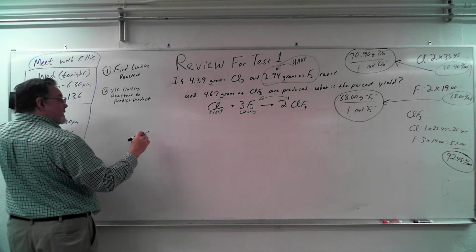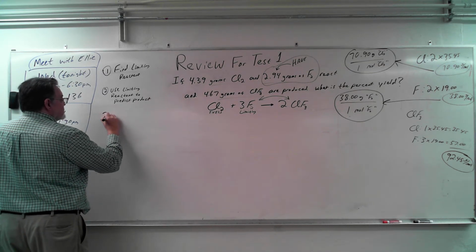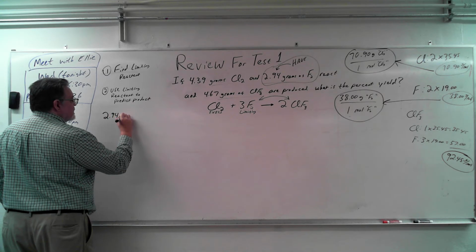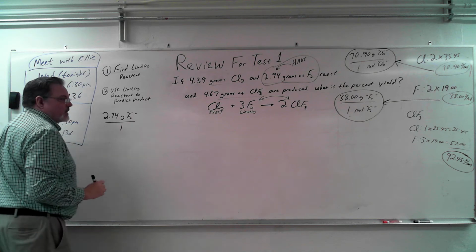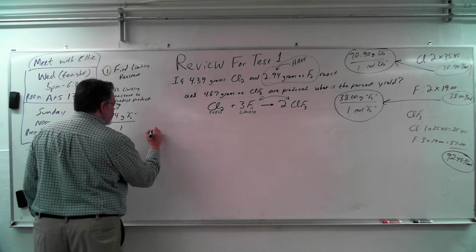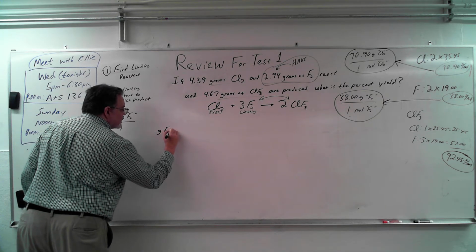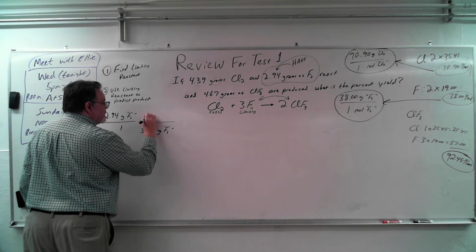All right, so starting with F2, we have 2.94 grams. Grams per mole for F2, 38 grams. So we need grams of F2 on the bottom. So 38.